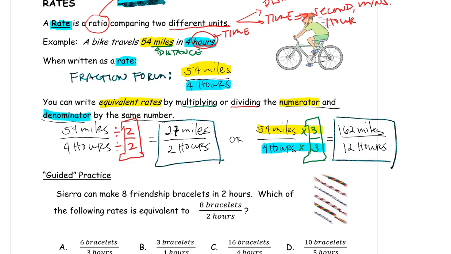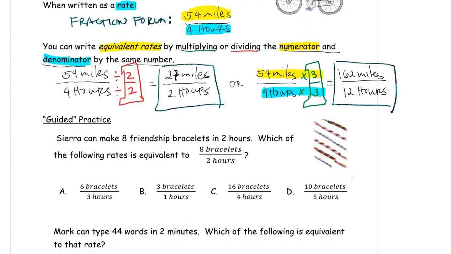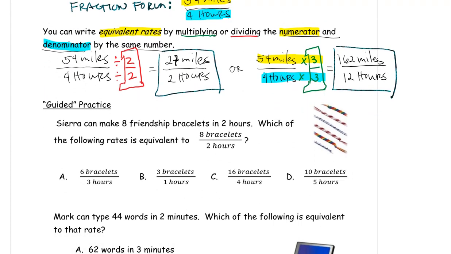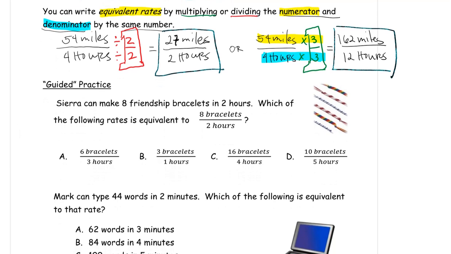So let's do some practice questions here. Sarah can make 8 friendship bracelets in 2 hours. Which of the following rates is equivalent to 8 bracelets in 2 hours? Again, to find the equivalent rate, we only have to divide or multiply that rate by the same number.